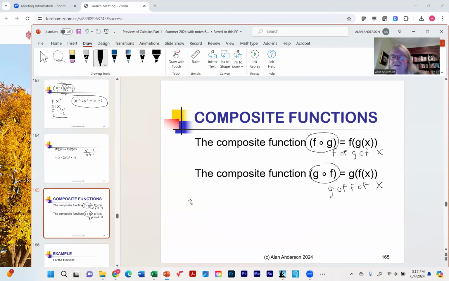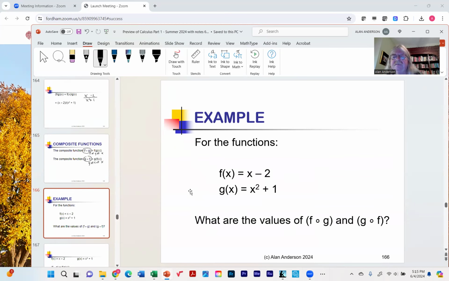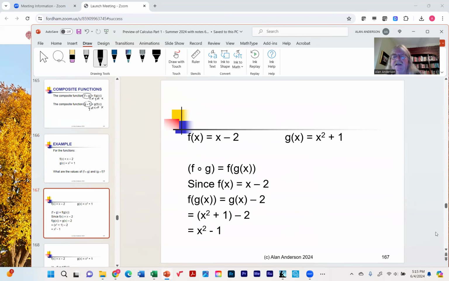And so what does this mean? Well, let's look at a quick simple example. Using the same two functions we were just using, let's find f of g of x and g of f of x. So f of g of x means that what you're doing is you'll replace all the x's in f of x with g of x.